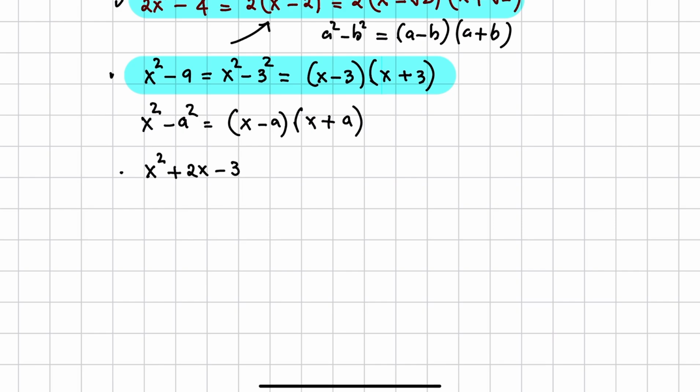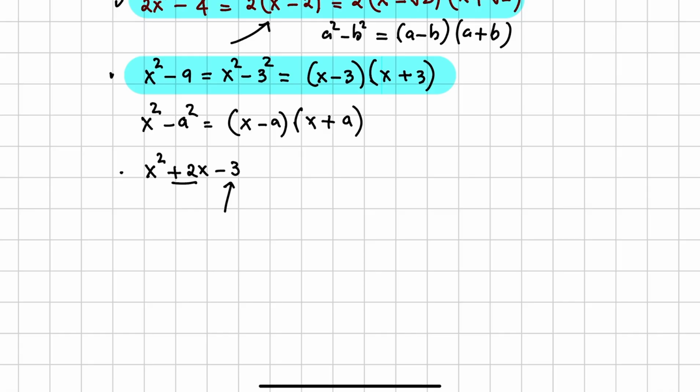For this case, how can we factorize it? First of all, you should find, for minus 3, a pair of numbers whose product is minus 3 and whose sum equals plus 2. So we find any multiplication of two numbers that equals minus 3, and then we check whether both of them added together equal 2 or not.